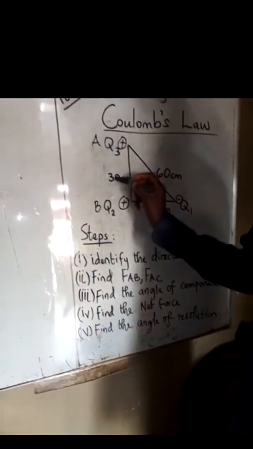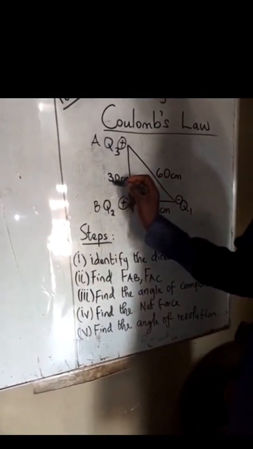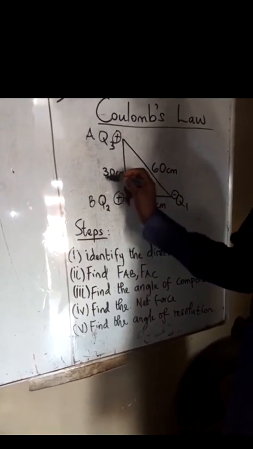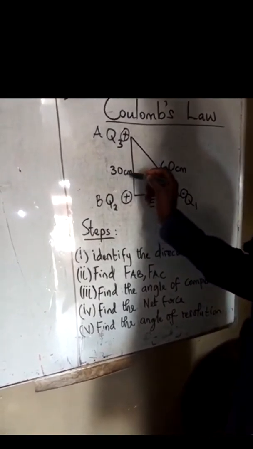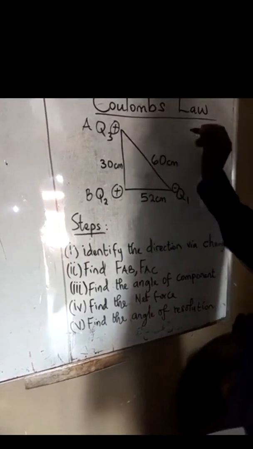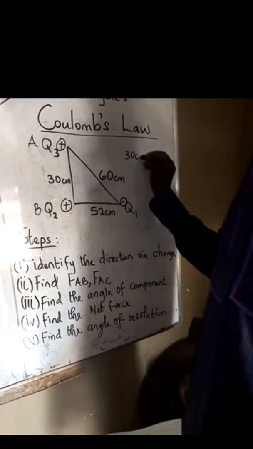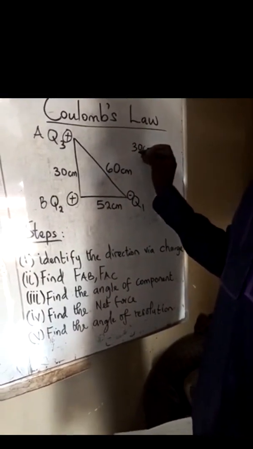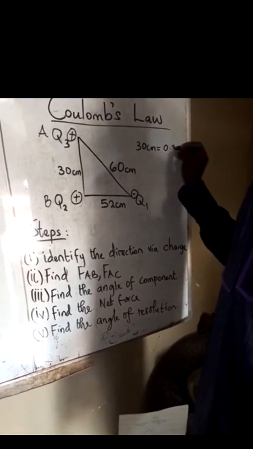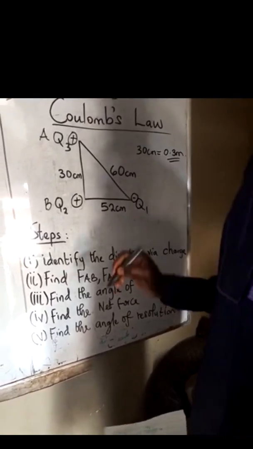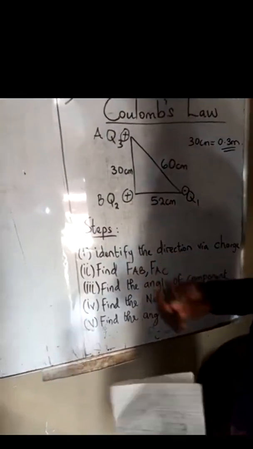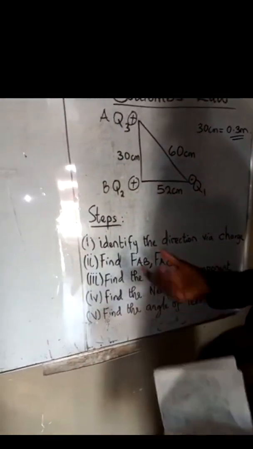And the radius is 30 centimeter. So don't forget you are going to convert the 30 centimeter to meter. If you convert 30 centimeter to meter, that is 30 divided by 100, you have 0.3 meter, isn't it? That's the second thing you are going to do.